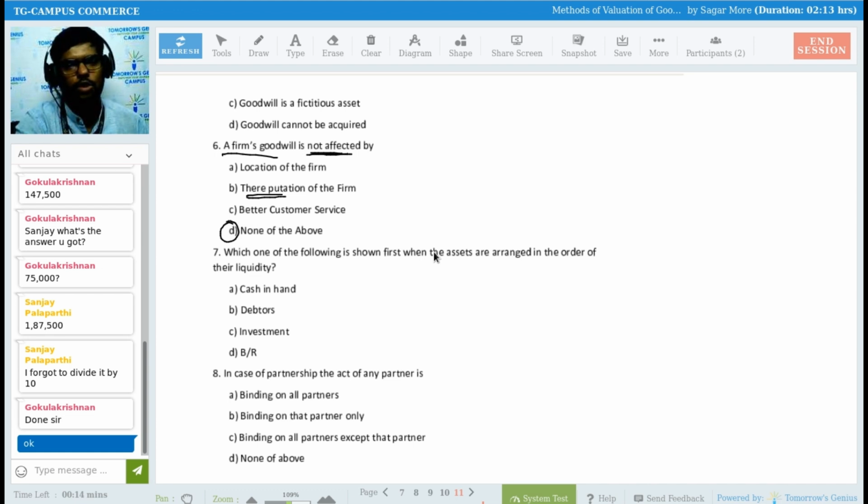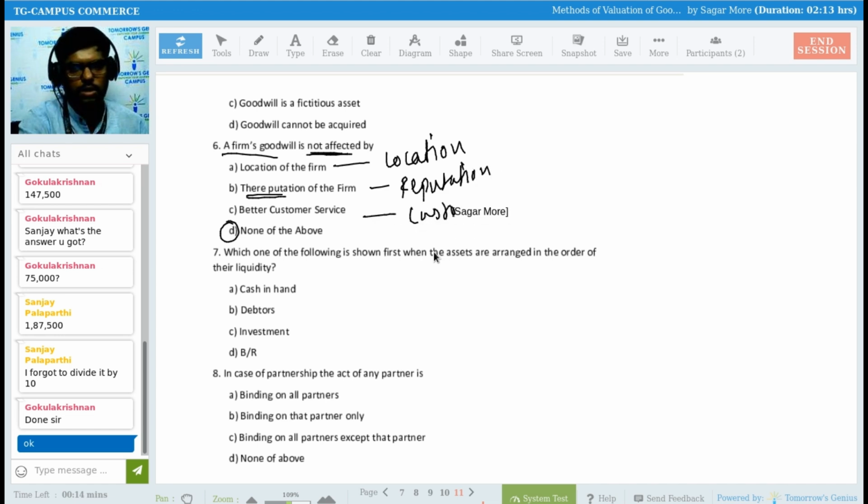Why? The place of the business, the location, matters a lot. Then the reputation of your business, and customer service. If you are available for customers every time, it will increase the goodwill of your business in the market. So all the three factors are important.